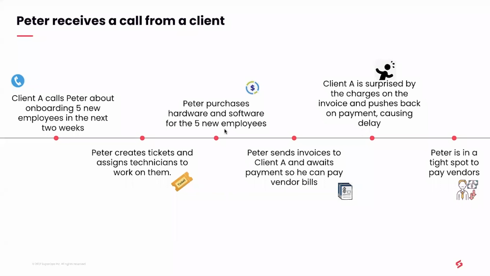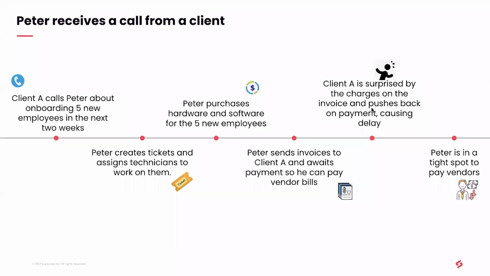He either pays upfront or goes into debt with the vendor, and he gets all of the hardware and software. And then once everything is done, Peter sends the invoice to the client for all the 5 new employees so that the client will pay him. And with that payment, Peter can then pay his vendors and technicians.